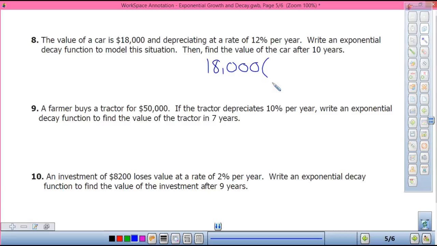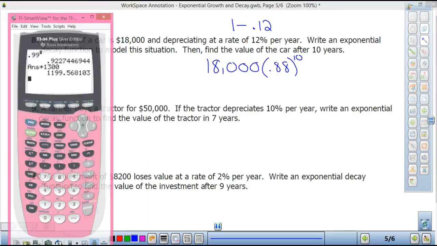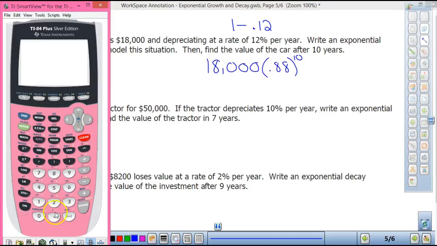So what am I putting in my parentheses? 0.88, because I'm taking 1 minus 0.12. And how long am I going to drive this car? 10 years. So 0.88 to the 10th power, multiplied by your $18,000 that you paid for your car.